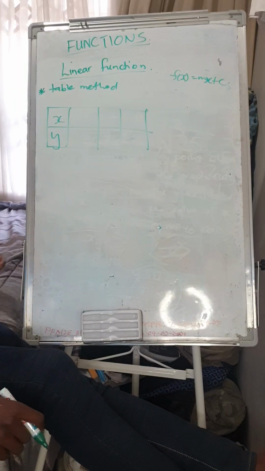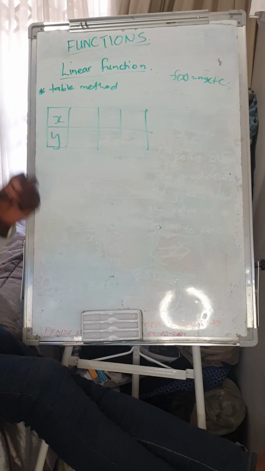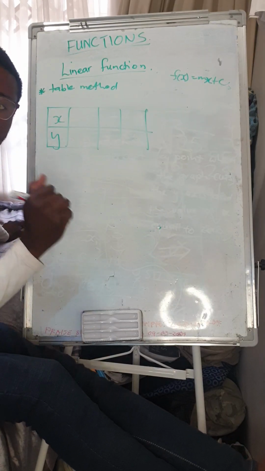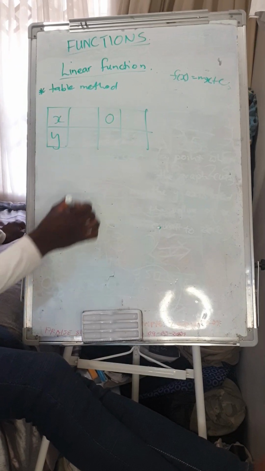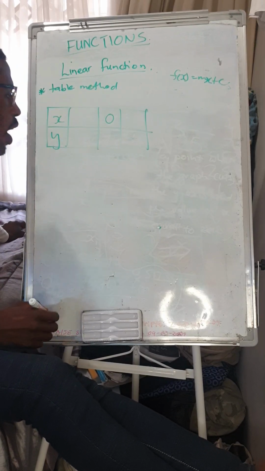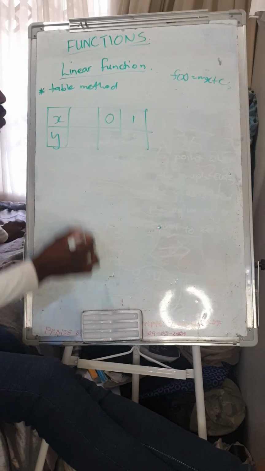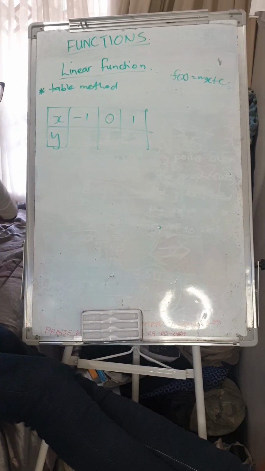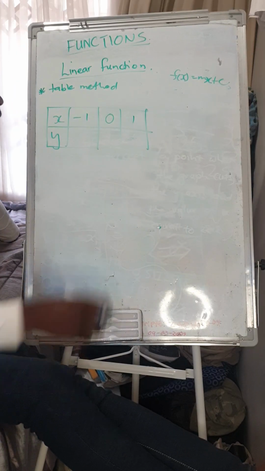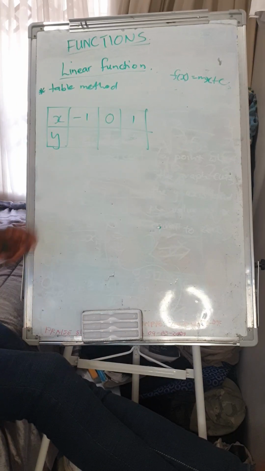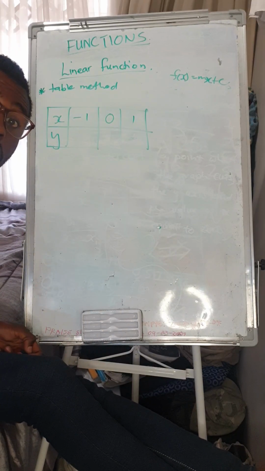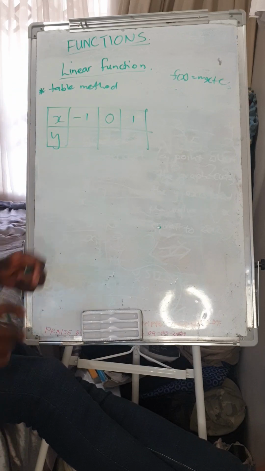The values of x, you design them yourself, and there must be at least a number on either side of 0, so we have 1 here and minus 1 here. I did not say it must be exactly minus 1, 0, then 1. You can start with minus 2, you can start with minus 20, depending on the paper that you are actually writing on.